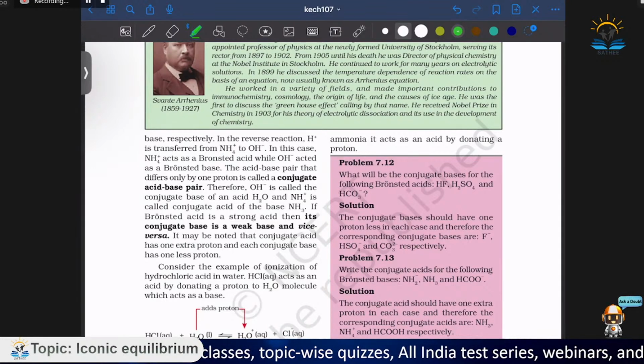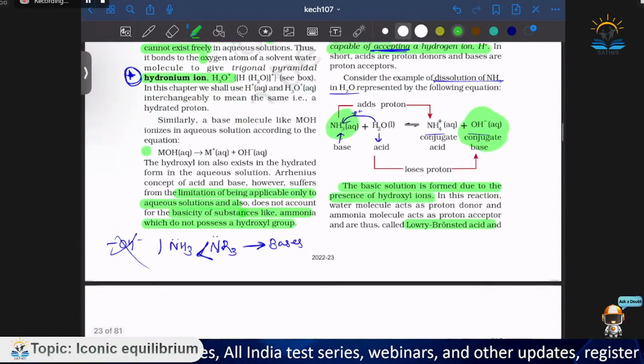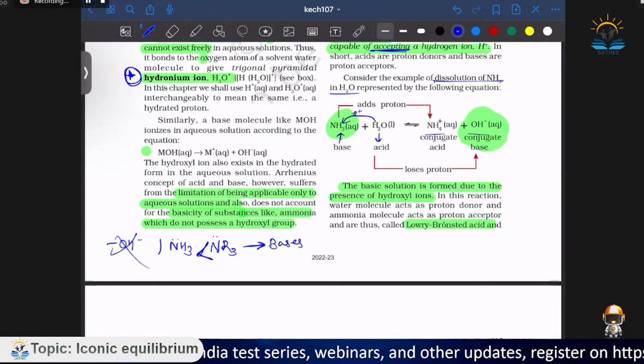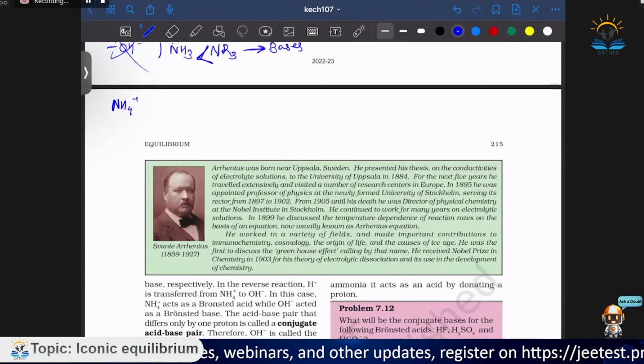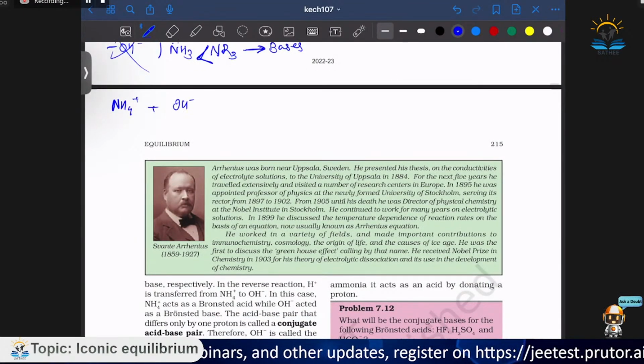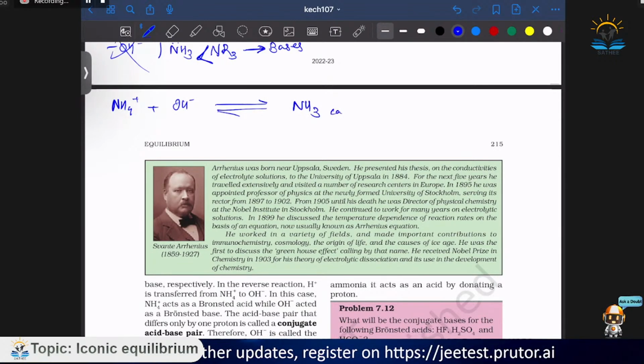The important concept which Lowry and Bronsted introduced was, if you just reverse the reaction, then the roles will be interchanged. If you reverse the reaction, what will be the reaction? NH4+ and OH- are in equilibrium with your ammonia, aqueous, and H2O.